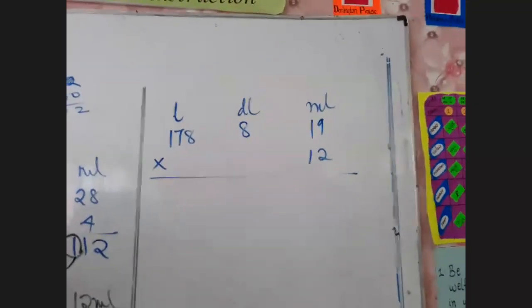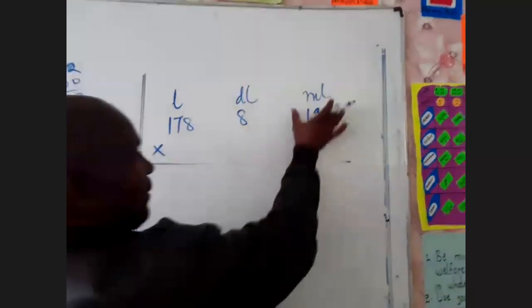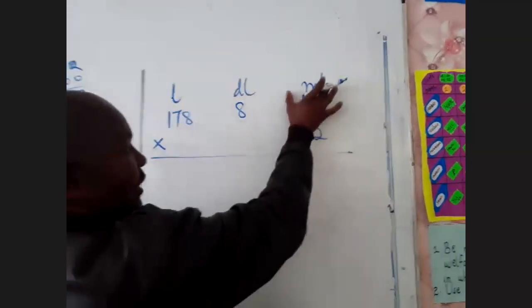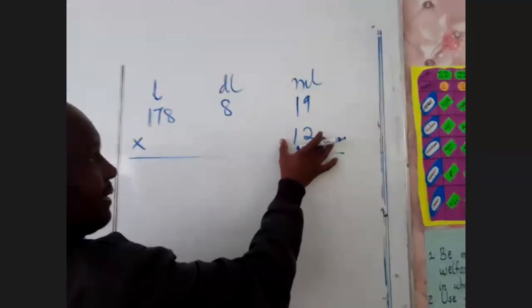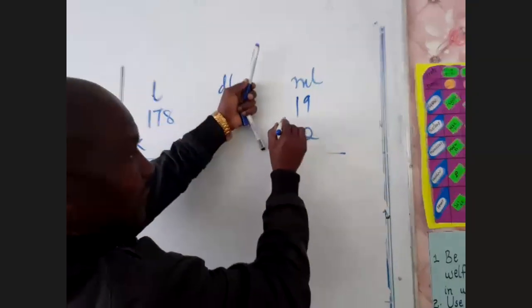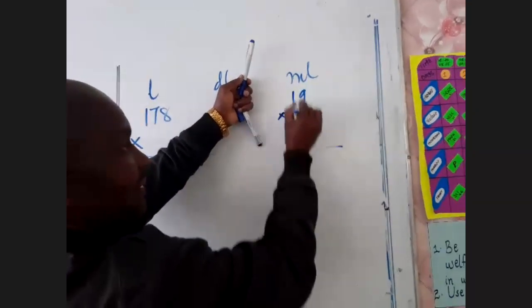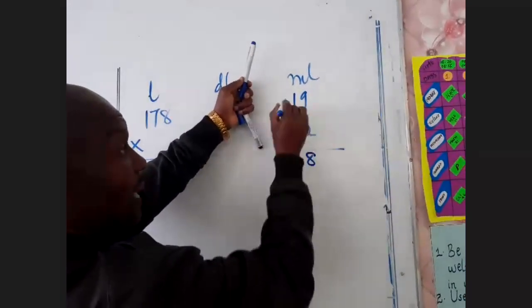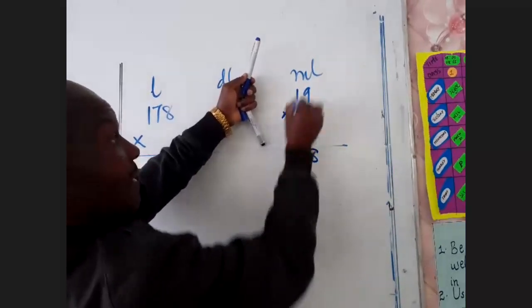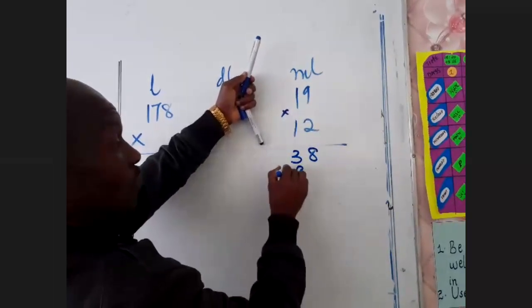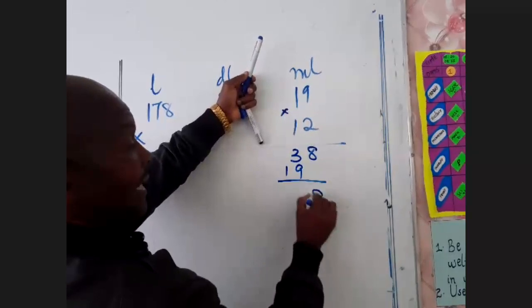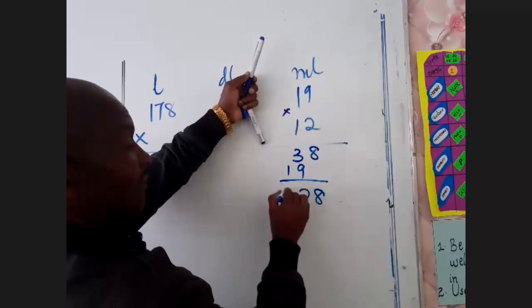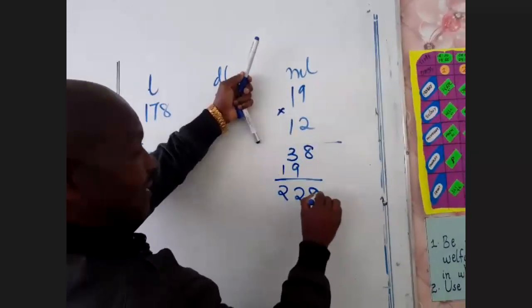Observe carefully now. I will clear with this one, this multiplication alone. Let's do this multiplication. That is 18, carry 1, 2 is 3. 9 and 1. 8, 12, and 2. That is milliliter.